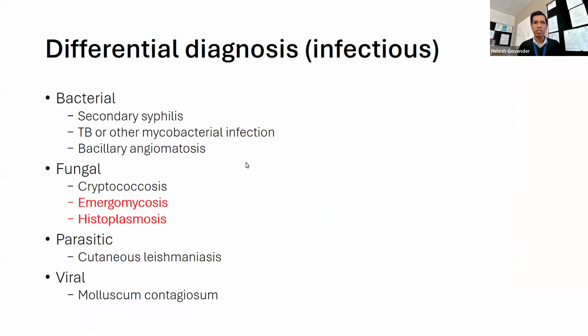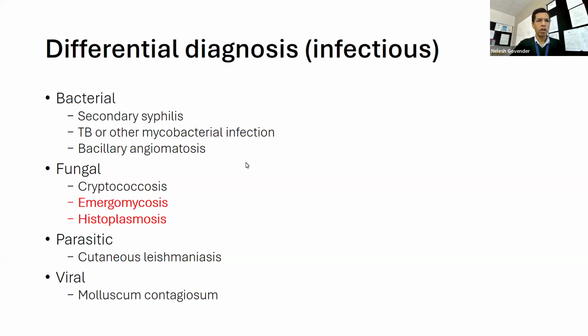The differential diagnosis from an infectious point of view, and through these regular meetings I know we've gone through this before, includes bacterial causes such as secondary syphilis, TB and other mycobacterial infections, bacillary angiomatosis; from a fungal point of view, Crypto, Emergomyces, Histo; from a parasitic point of view, cutaneous leishmaniasis; and from a viral point of view, molluscum contagiosum, particularly with umbilicated lesions.